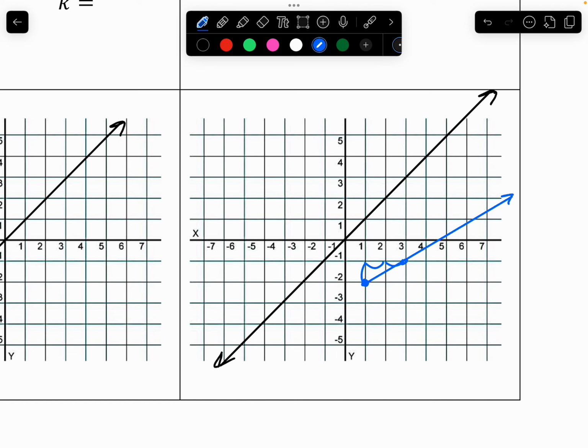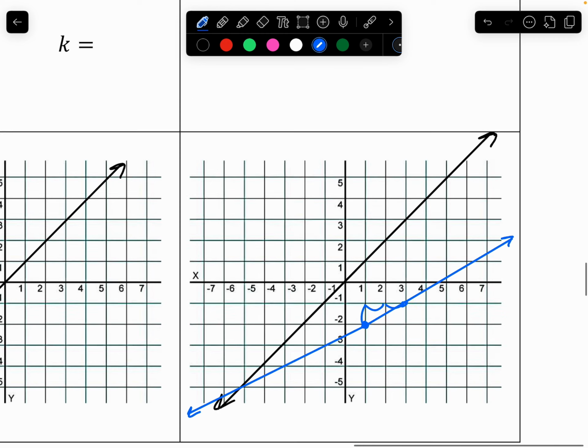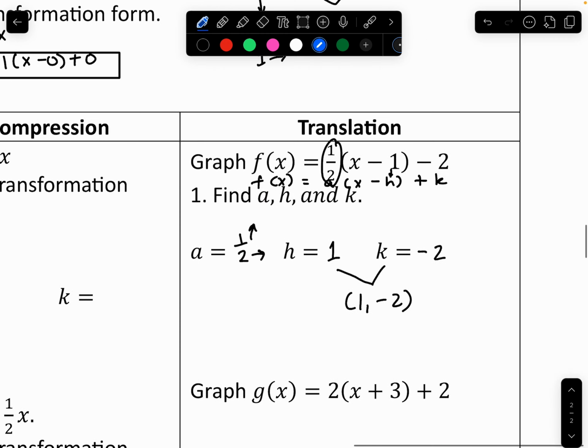Okay? Look what happened. All right? So now it just didn't shift down or left or right. It also got a little bit flatter. So how would you do this? You would say, and if it's 1/2, it's going to be a stretch by a factor of 1/2.